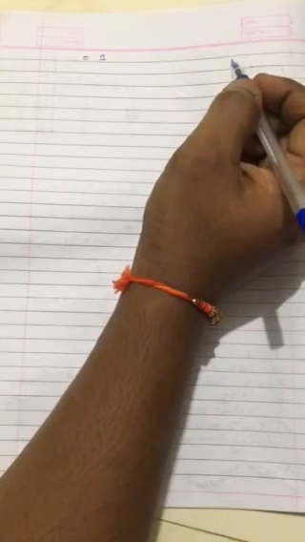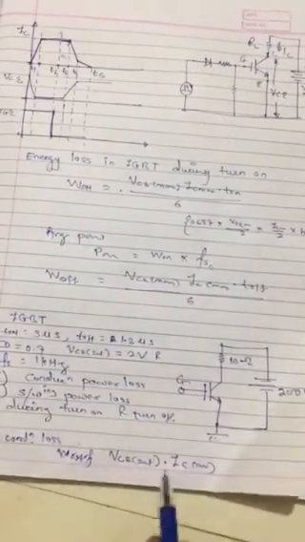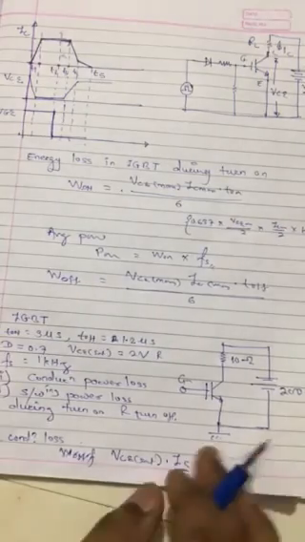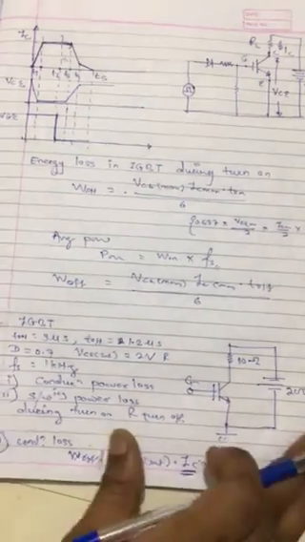Let's put values in the formula. The saturation voltage is 2, and the average current is to be calculated by multiplying the average load current by the duty cycle. So we can't directly find the conduction loss until we get this value. So let's calculate this first, then we can find the conduction loss. How to find it? See here, IC max.